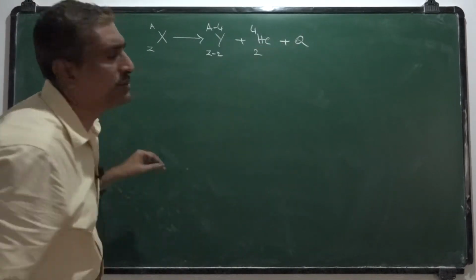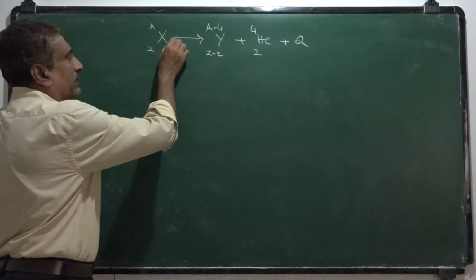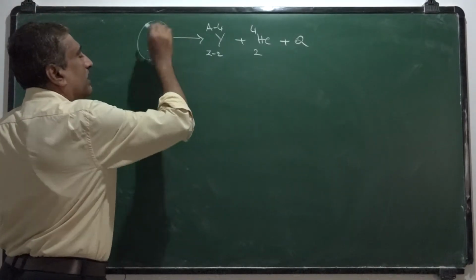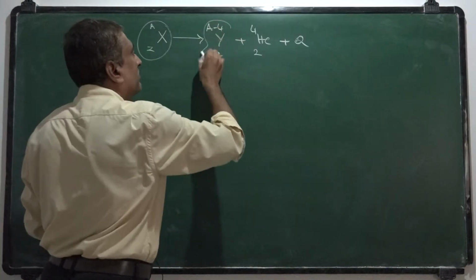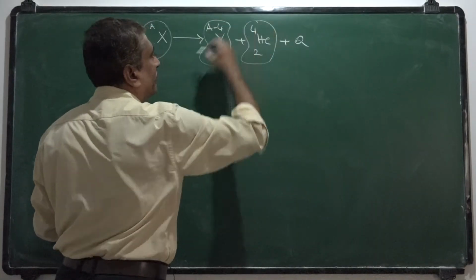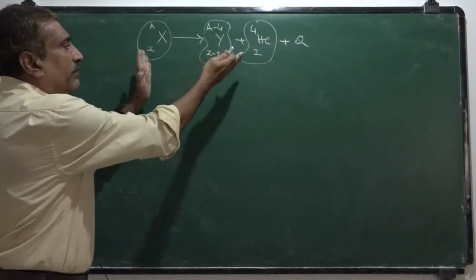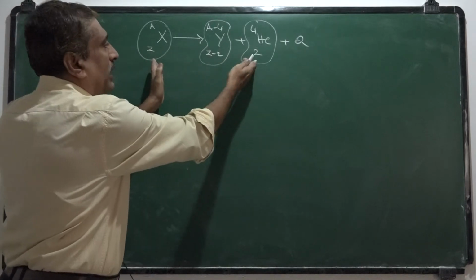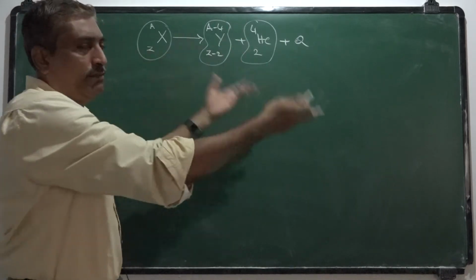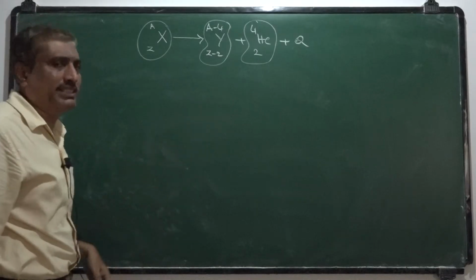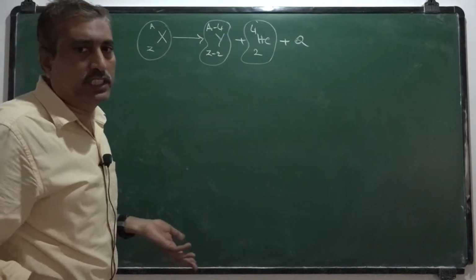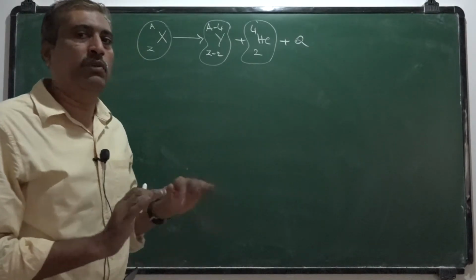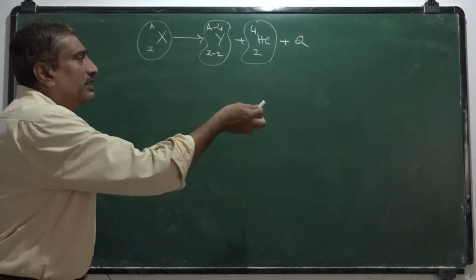We can find this Q value using the mass defect. That means the mass of the parent particle and the sum of the masses of the other two. There will be a difference in the mass, and that difference we calculate as the mass defect, and we multiply it with c square, or simply mass defect into 931 gives this Q value.